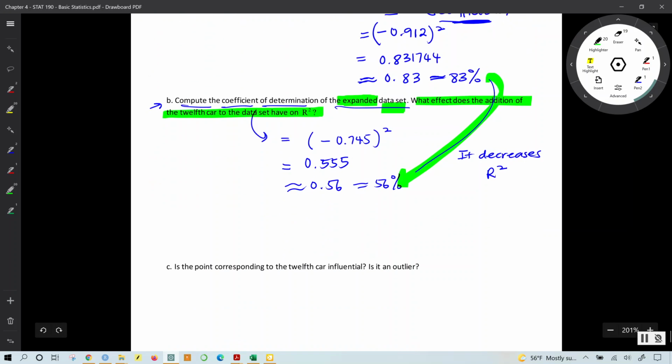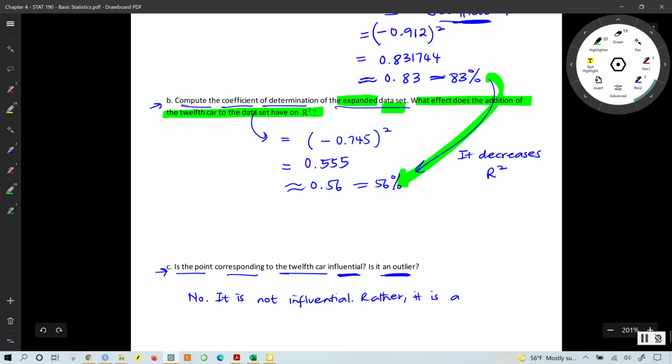Then, based on this decrease, or the effect of this added pair of values, we can answer question C. Is this point corresponding to the 12th car influential or an outlier? The correct answer is that no, it is not influential. Rather, it is an outlier.